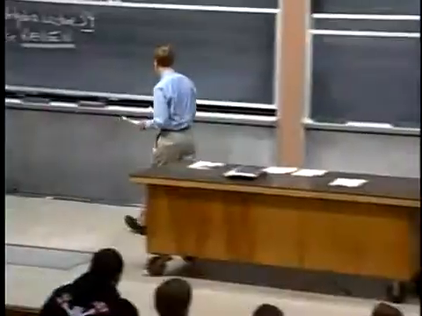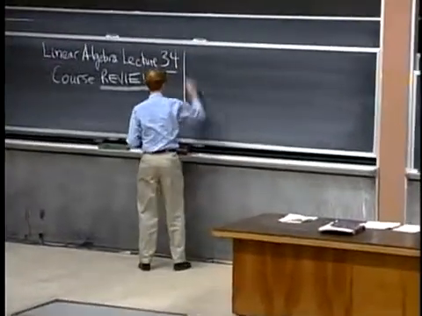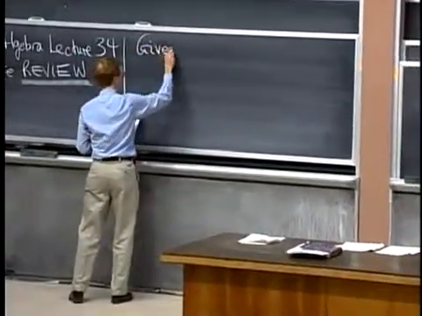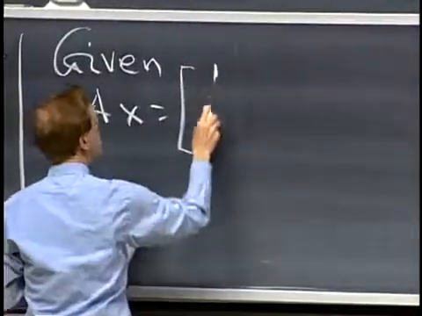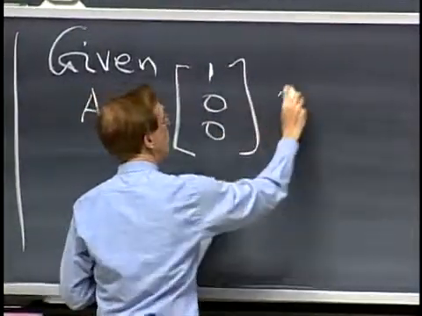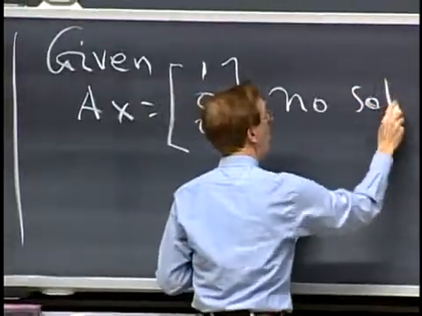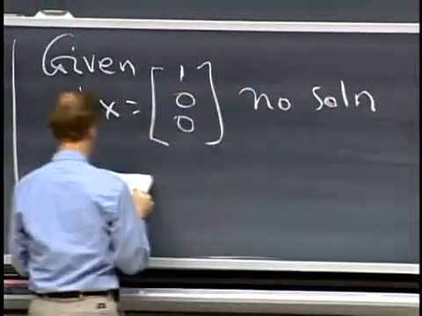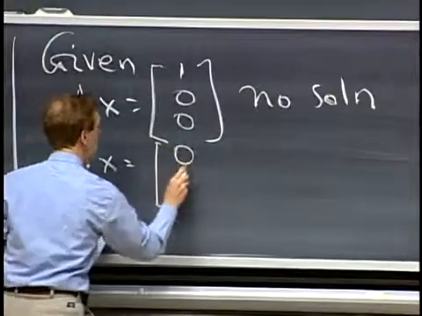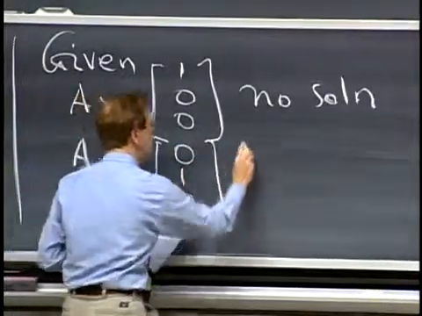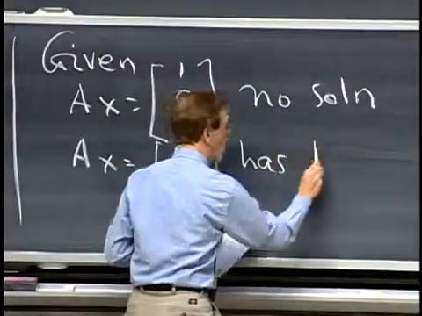And we're given AX equals 1, 0, 0 has no solution. And we're also given AX equals 0, 1, 0 has exactly one solution.